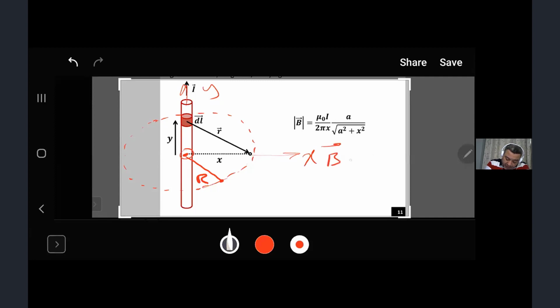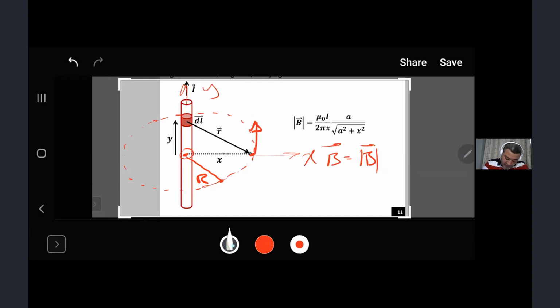B will be this magnitude, we call this magnitude, times the unit vector that is normal. If I look at this point, then the normal unit vector would be along what? Along the positive y. Now, let me be more clear here.